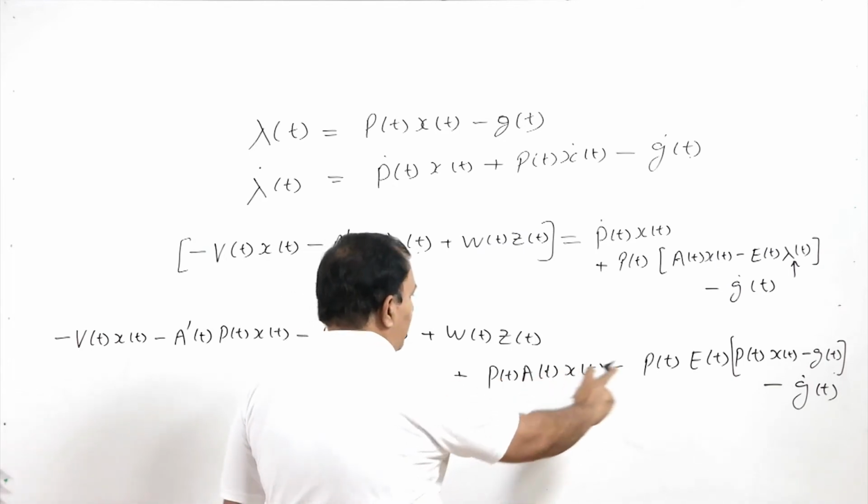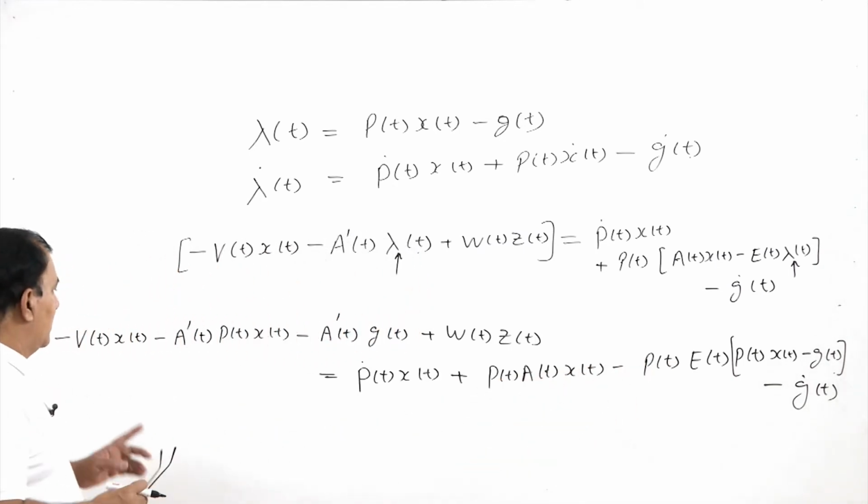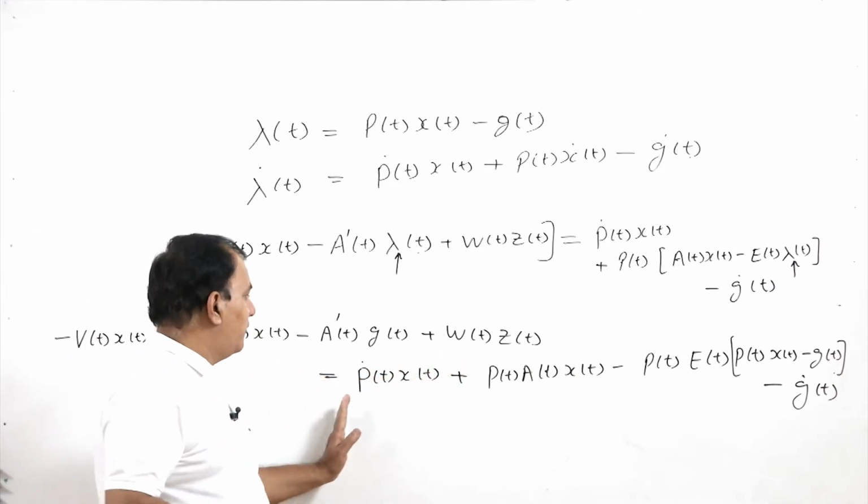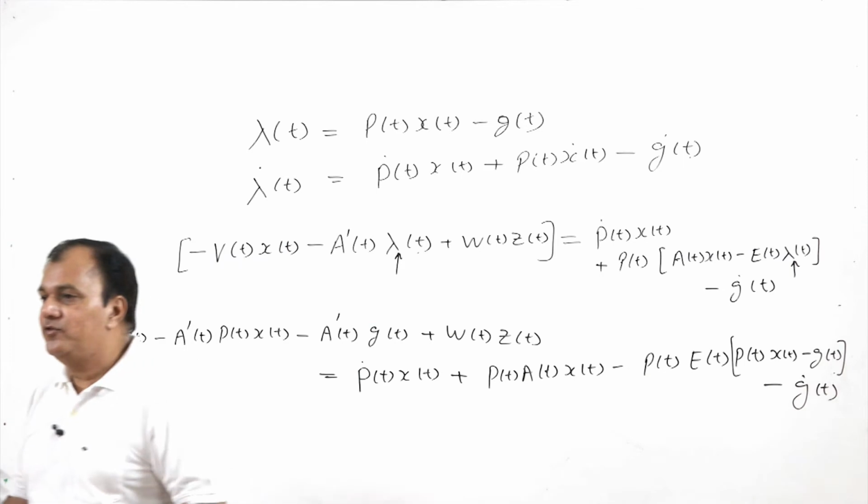So, in this equation we will have the coefficients in terms of x t and one coefficient in terms of g.